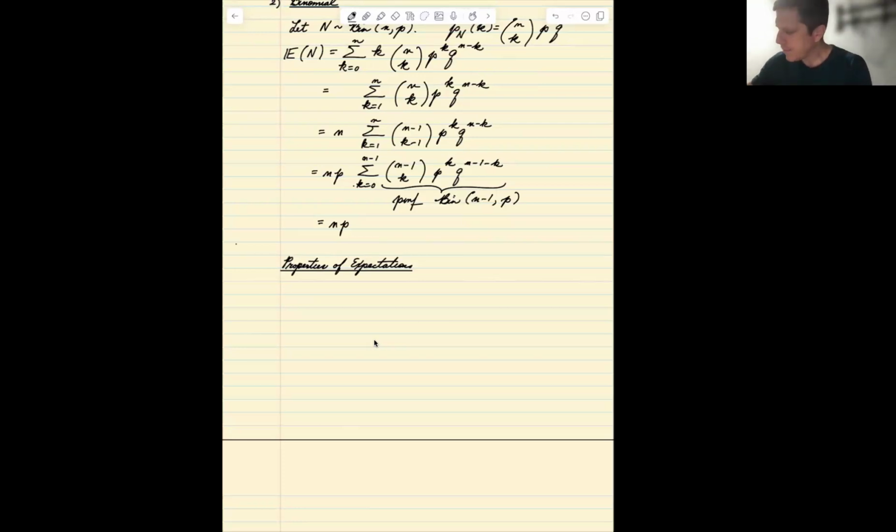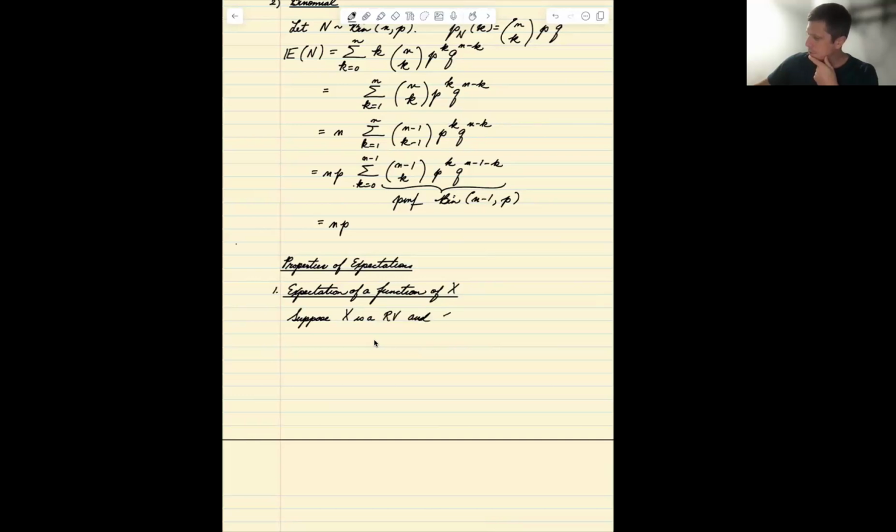So the first is expectation of a function of x. So suppose we have a random variable x, and f is a function.